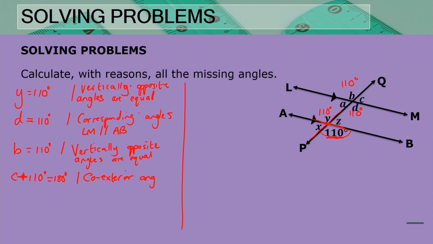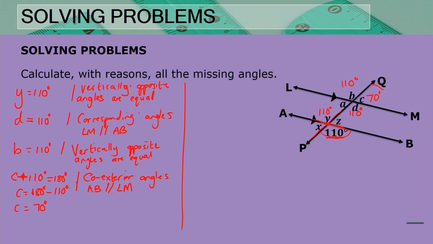And they are only supplementary because AB is parallel to LM. So that means that our C here is going to be 180 degrees minus the 110 degrees, and that is only because we are using the additive inverse of 110, and our answer there is going to be 70 degrees. So that means that our C there is 70 degrees.